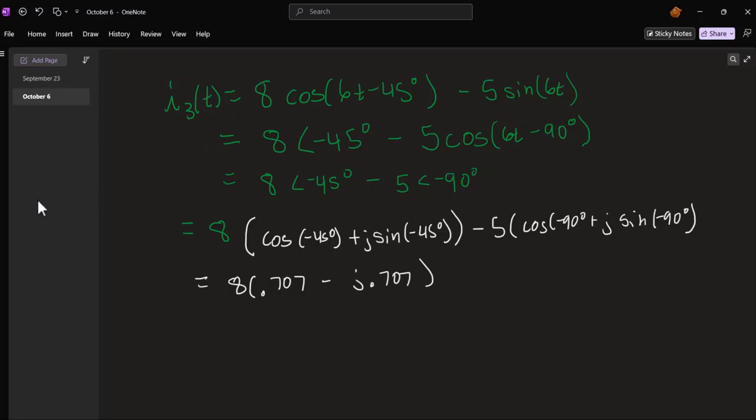Times, and then I use my fraction template so I don't have to deal with parentheses, minus J 15.9 over 20 minus J 15.9, and I get an answer of negative 0.0027.